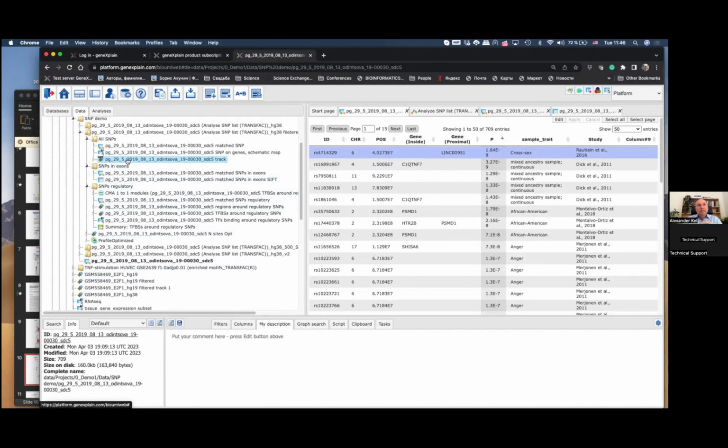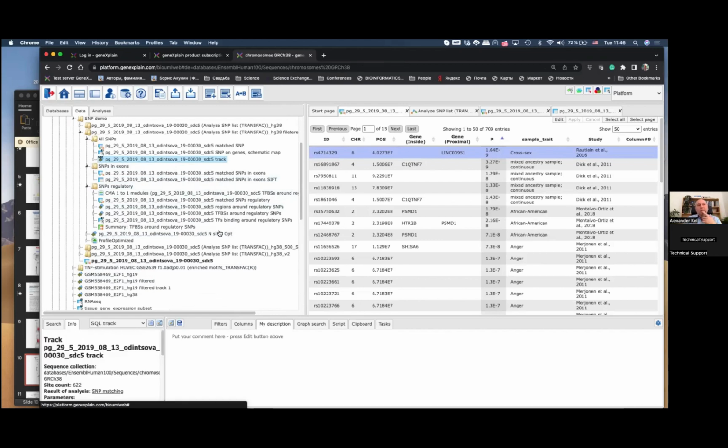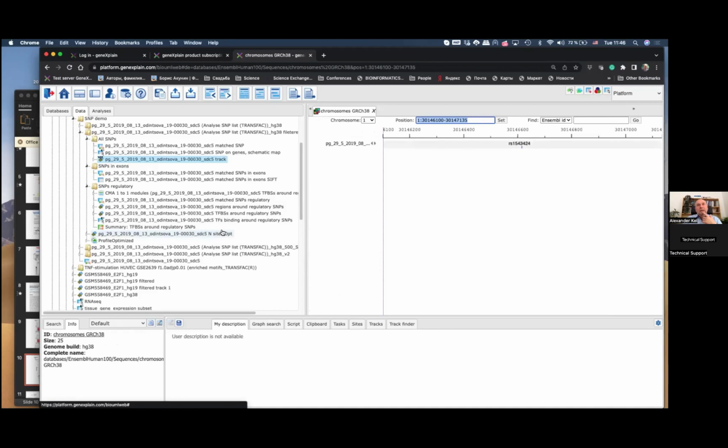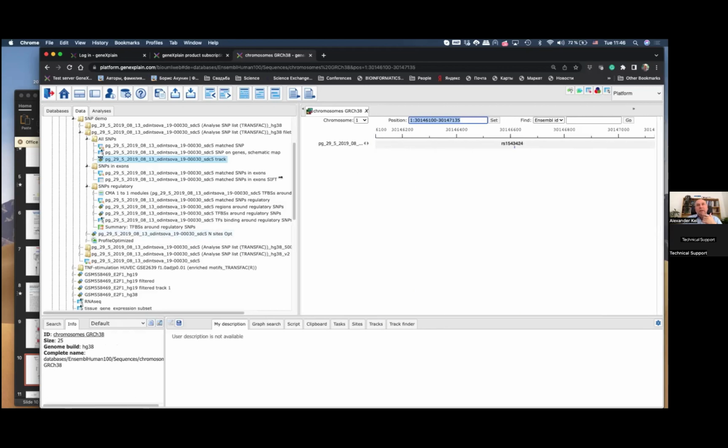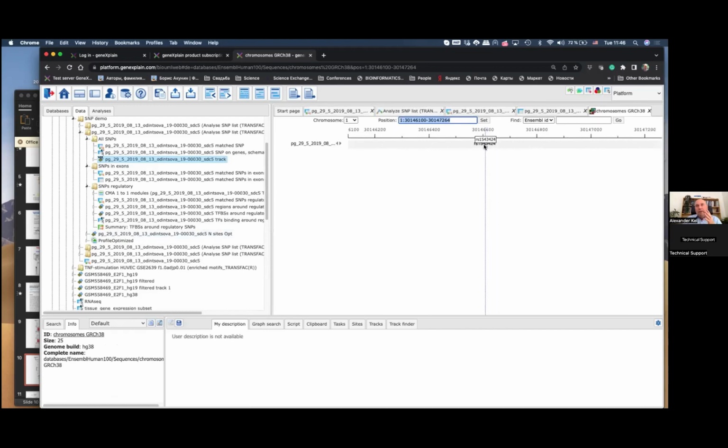A VCF track is another type of file which one can click, and it opens a genome browser and shows these SNPs in their real positions. And if you click on them, you see which nucleotide is a reference allele, which nucleotide is an alternative allele.